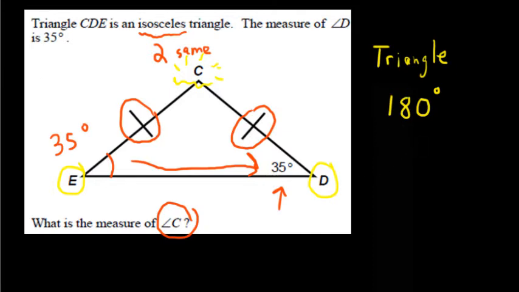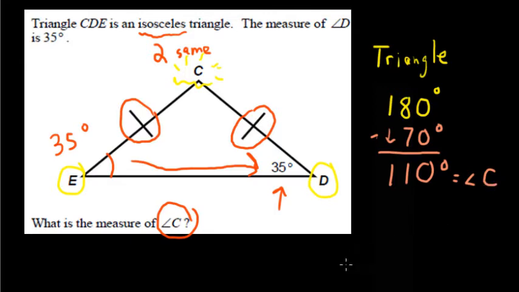So I'm going to take away 70 degrees from 180, and whatever is left over will be angle C. 0 take away 0 is 0, 8 take away 7 is 1, and then I bring this one down, and I get 110 degrees. And that is equal to angle C.